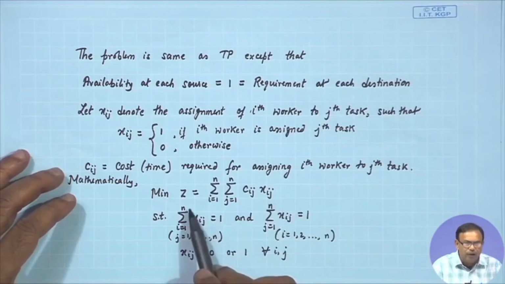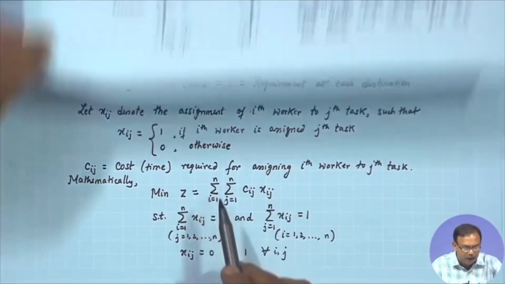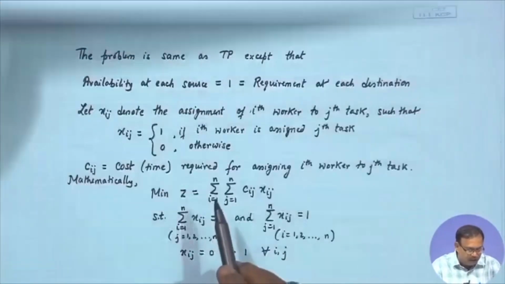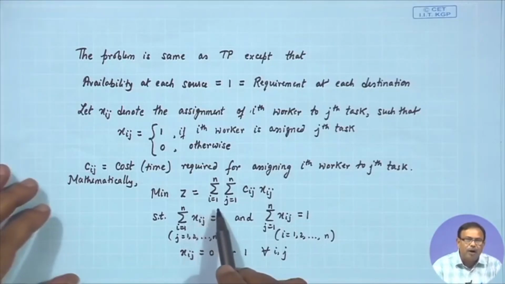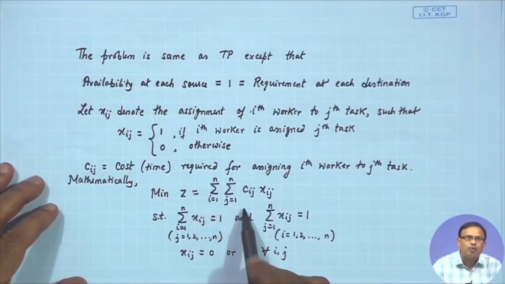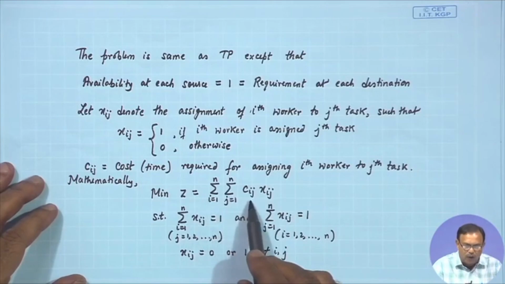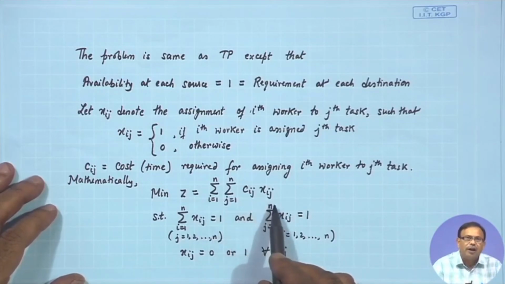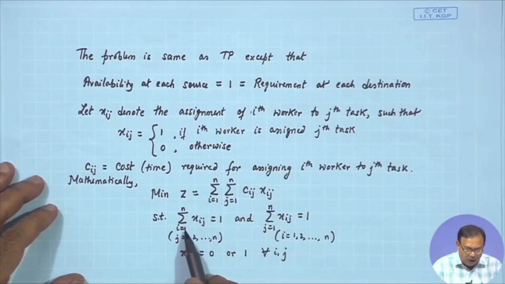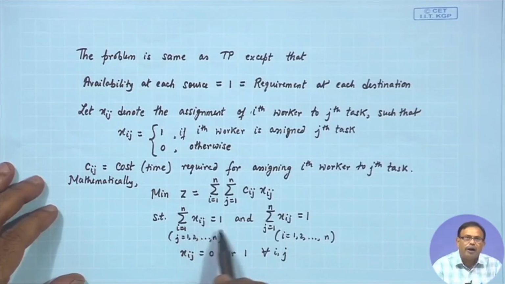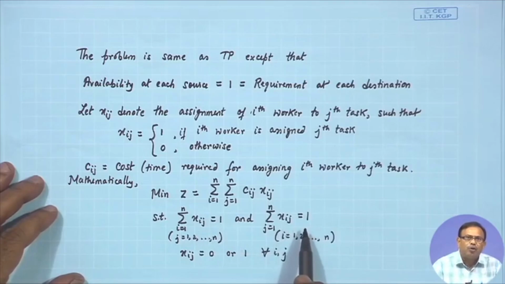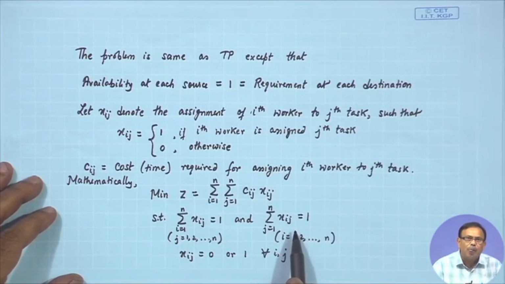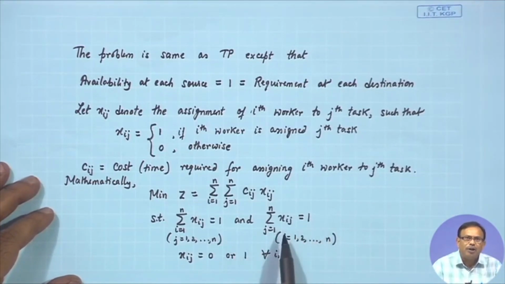Mathematically, if I have to formulate this problem, I can say: minimize Z equals summation i equals 1 to n, summation j equals 1 to n, c_ij x_ij, subject to summation i equals 1 to n, x_ij equals 1, and summation j equals 1 to n, x_ij equals 1. Both a_i and b_j will be equal to 1, and i and j both vary from 1 to n.